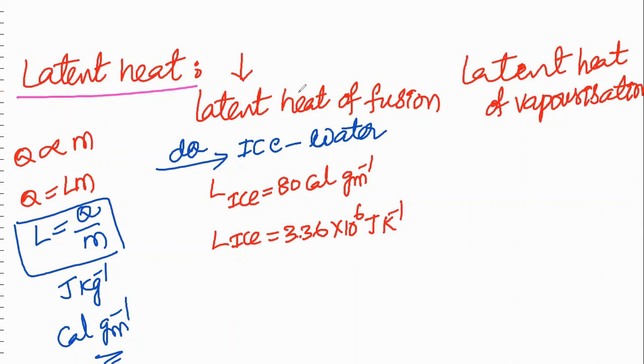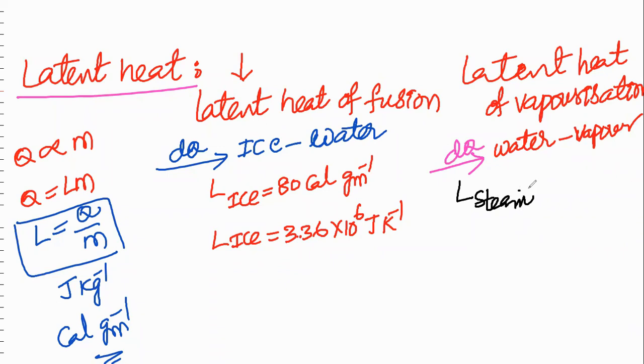Now the latent heat of vaporization: we have to convert water to vapor. The amount of heat required to change the state of a substance from liquid to vapor is called the latent heat of steam.